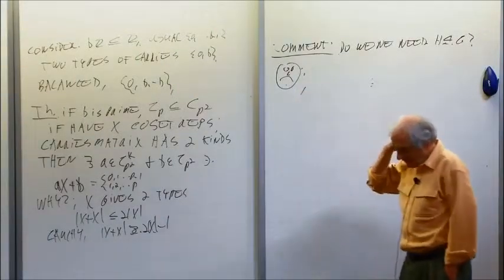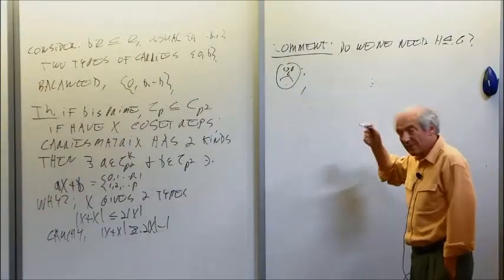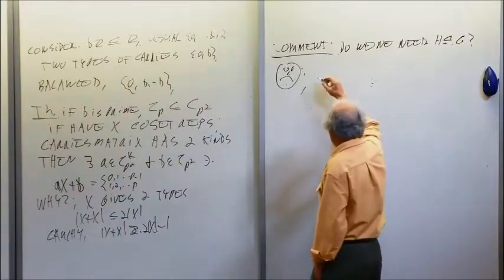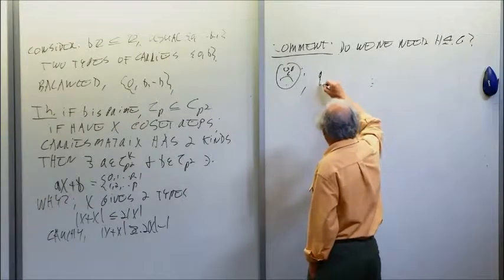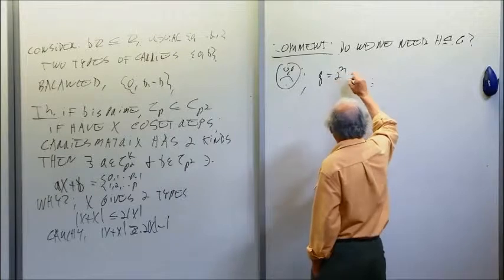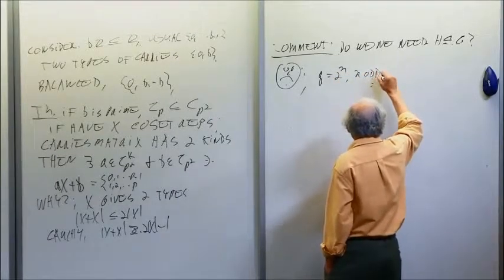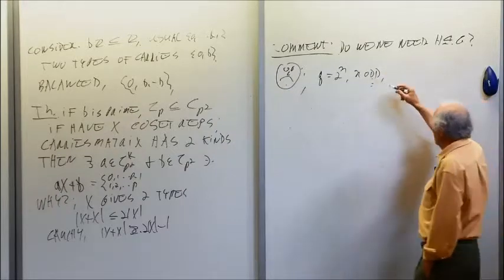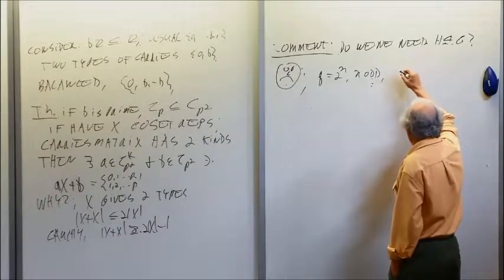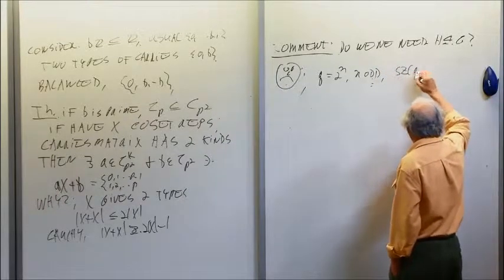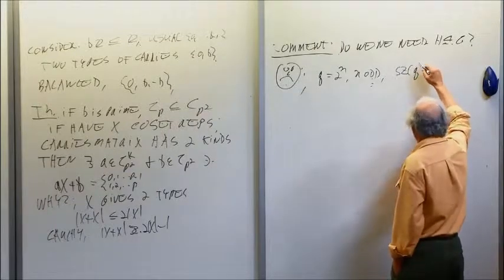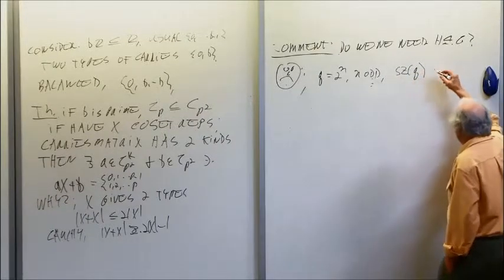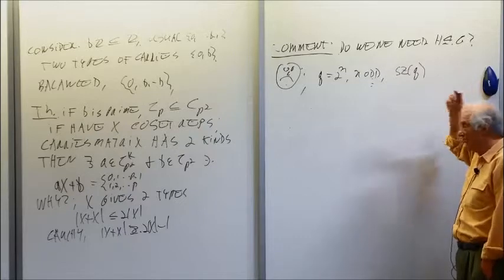So here's a family of examples. If Q is 2 to the n, where n is odd, bigger than or equal to 3, there's a group called the Suzuki group of Q, one of the finite simple groups.